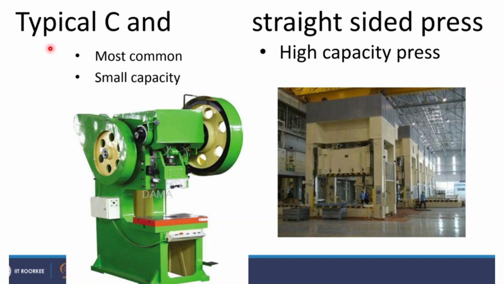Now in case of the C type of press, it forms a particular C shape. It is very common and has smaller capacity. As you can see, this one will have some restriction due to its shape. While in case of the straight sided press, you can go for high capacity.